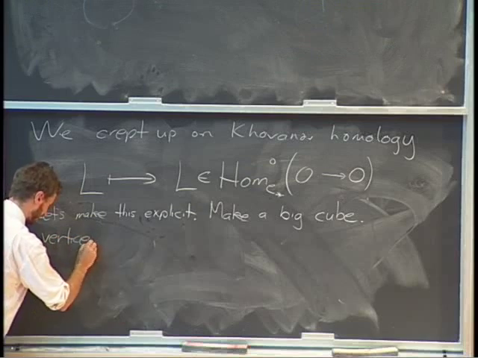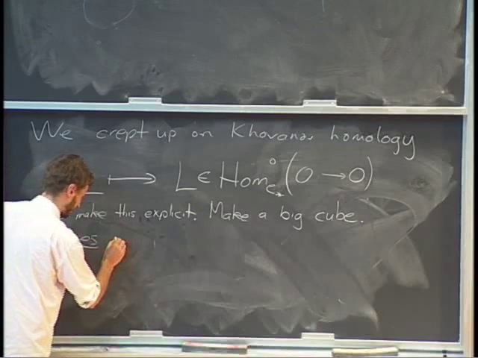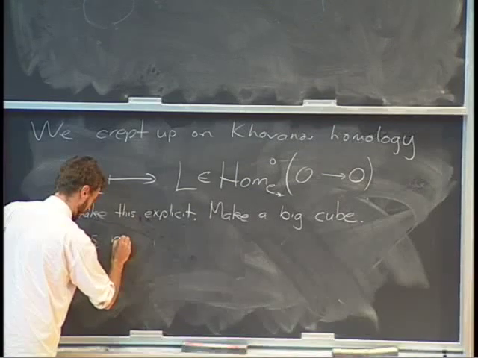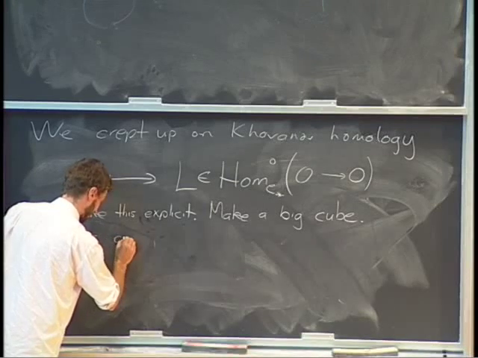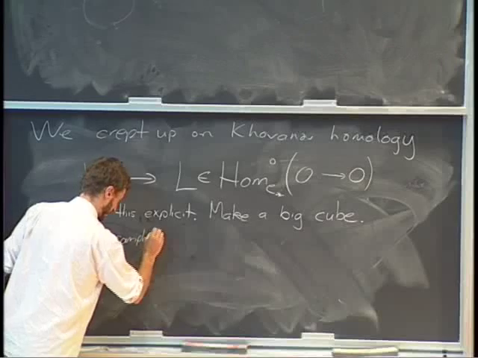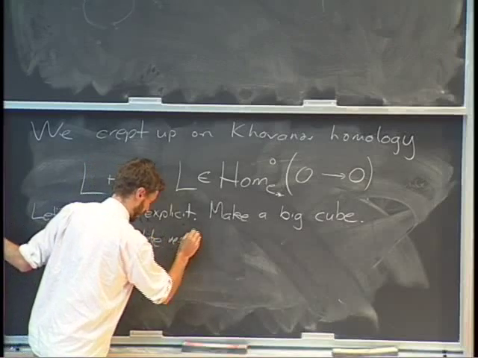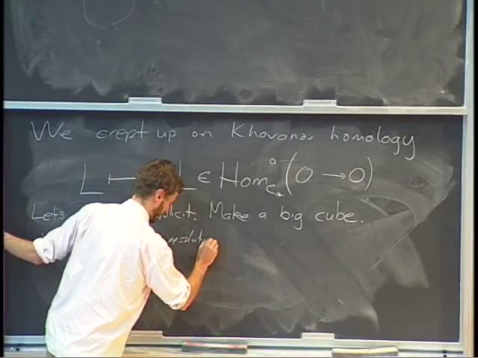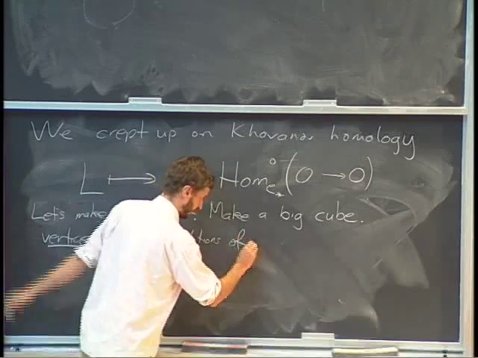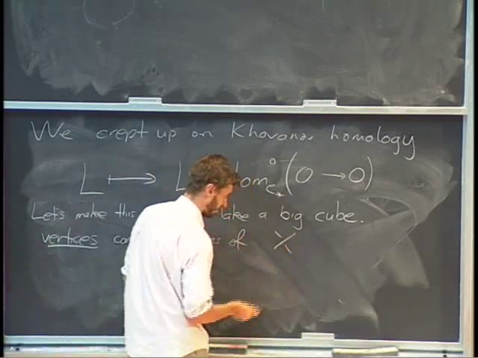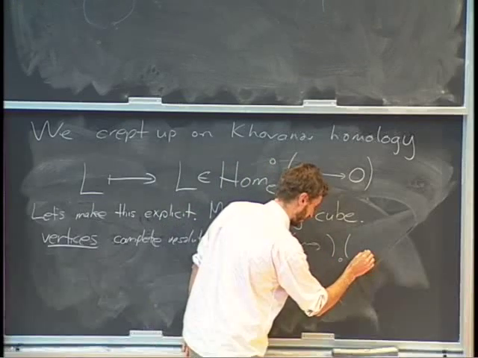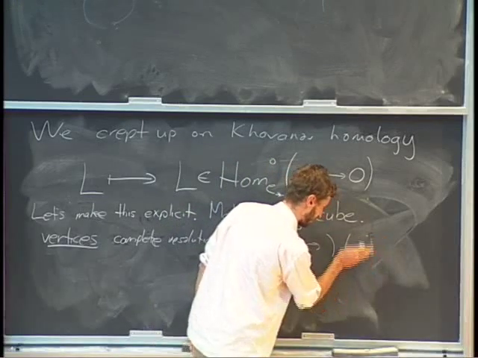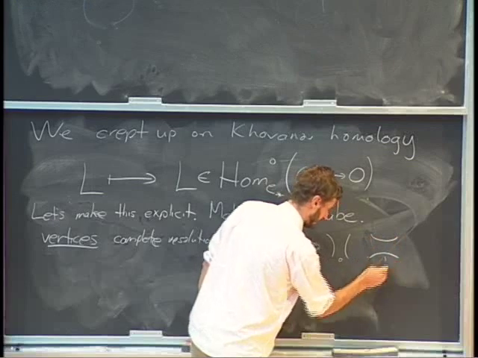The vertices are just, well, I'll say complete resolutions of L. So that is, you take each crossing and you turn it either into the 0 resolution or the 1 resolution.